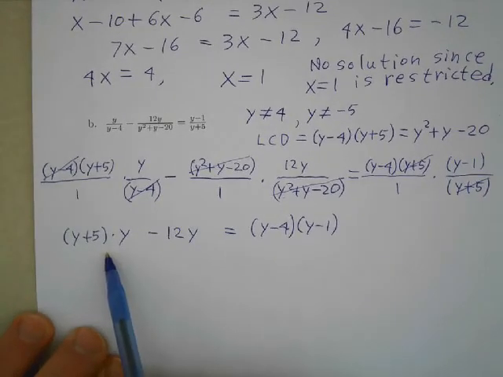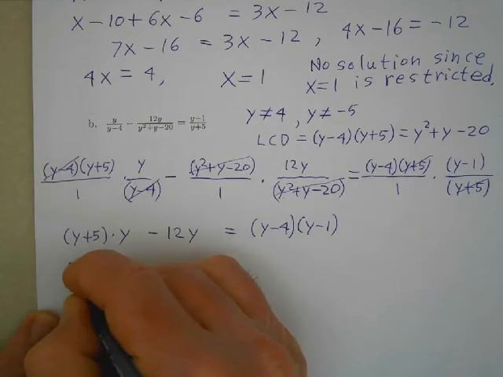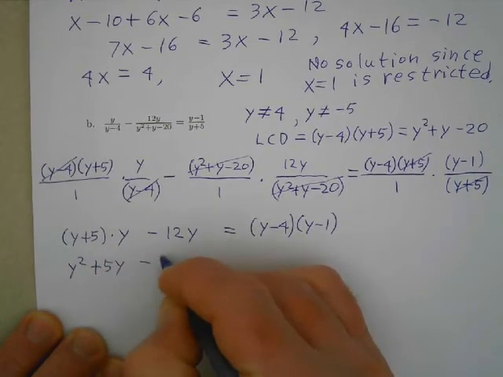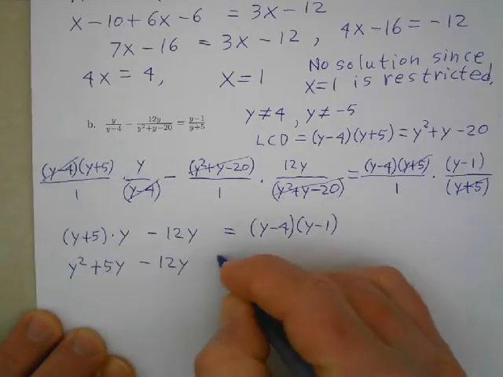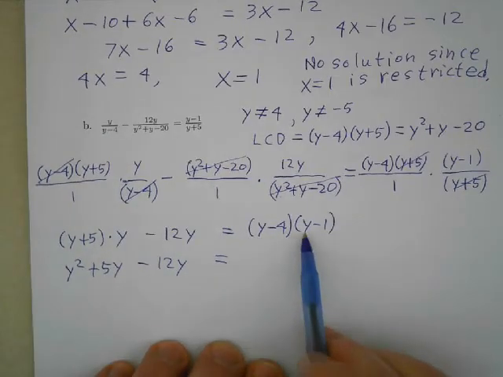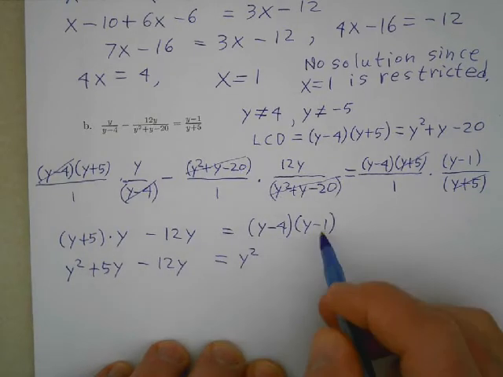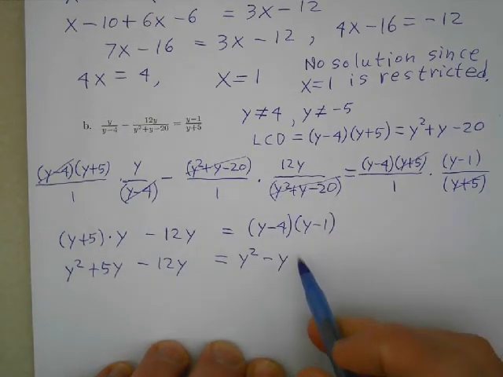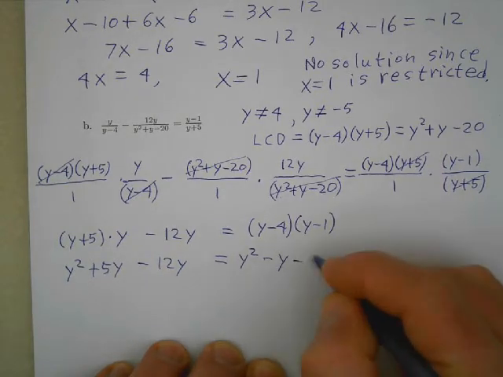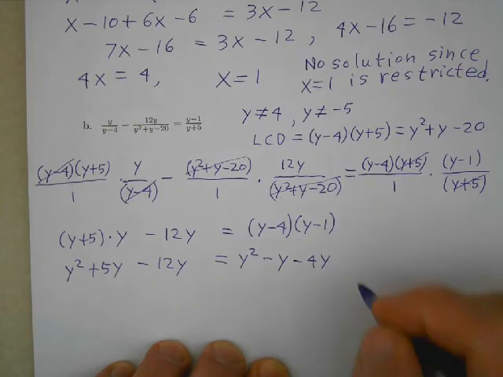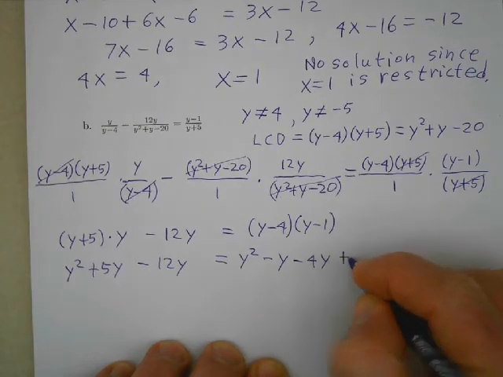First, multiply y plus 5 times y to get y to the second plus 5y, and then minus 12y. On the right-hand side, we have to multiply the two binomials. Y times y is y to the second, and then minus y times 1 is minus y, and then minus 4y, and then negative 4 times negative 1 is positive 4, so we add 4.